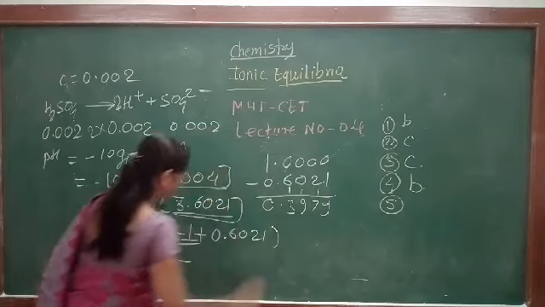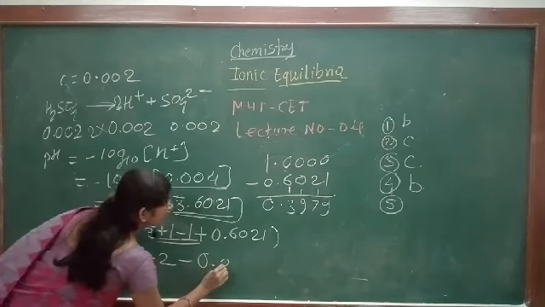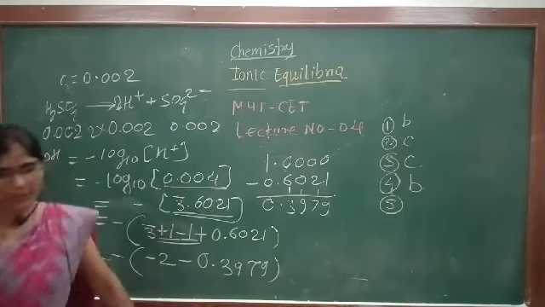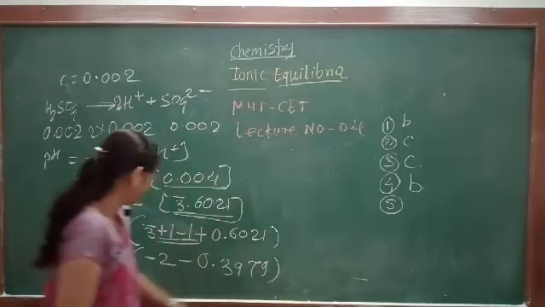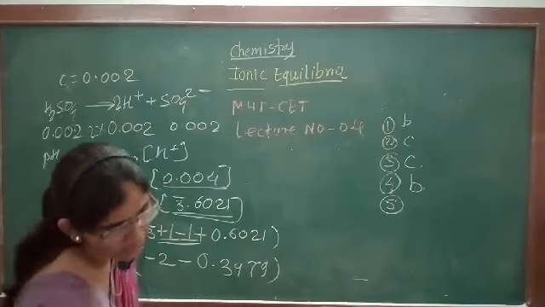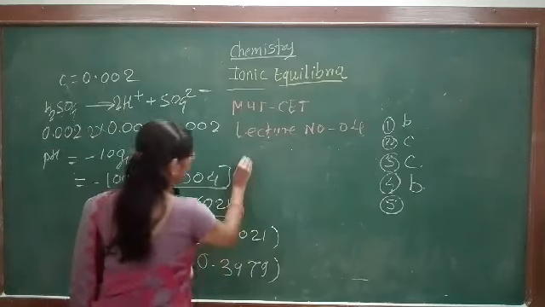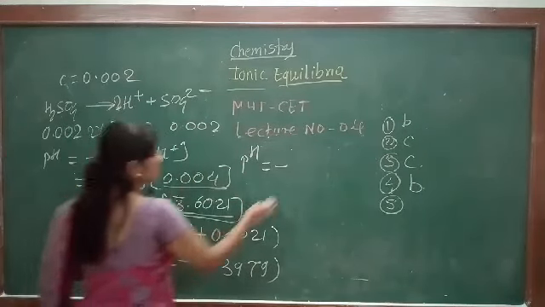Then it is equal to 0.3979. Then minus minus becomes plus. Therefore pH is equal to minus, as it is outside the bracket.